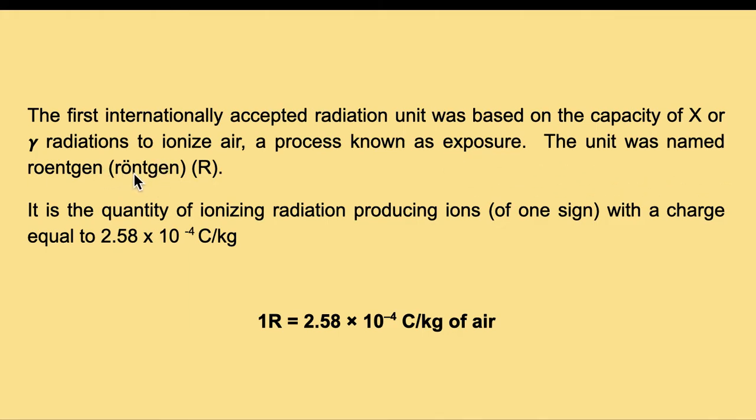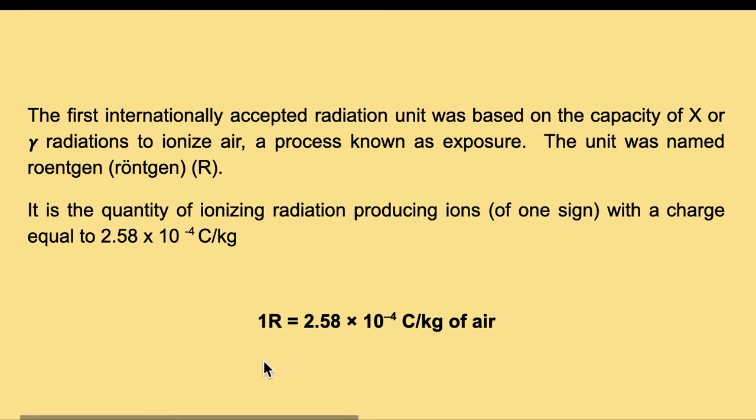This is R-O and it is represented as capital R. And you can now define roentgen as the quantity of ionizing radiation producing ions of one sign, this is important, of one sign with a charge equal to 2.58 into 10 raised to minus 4 coulomb per kilogram.